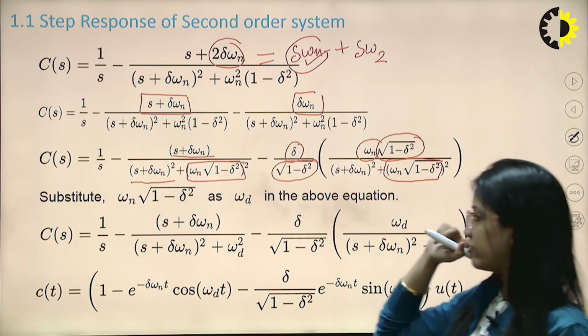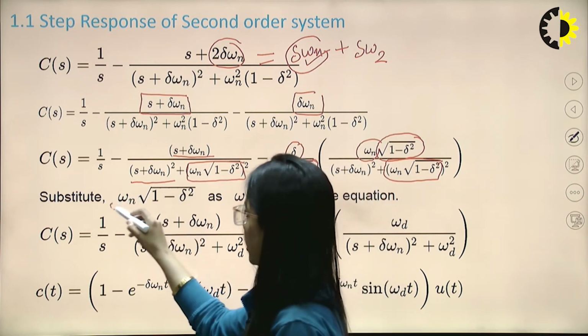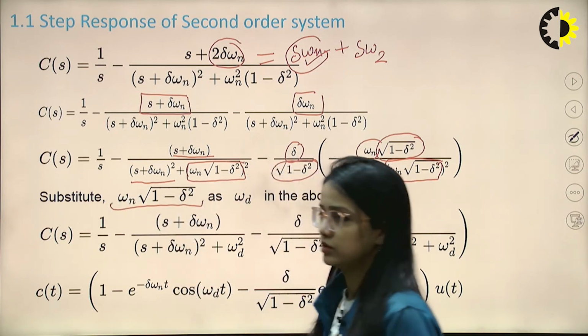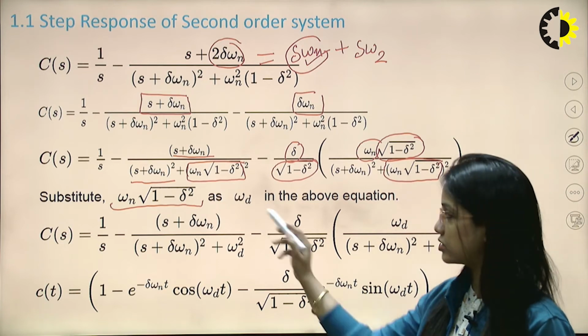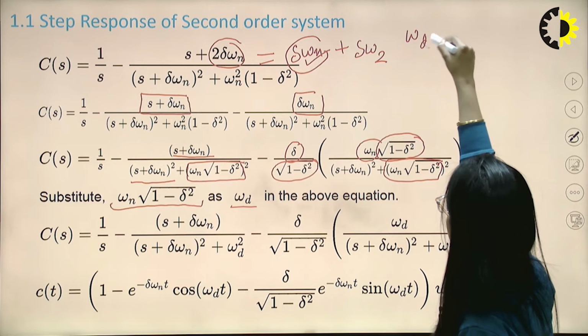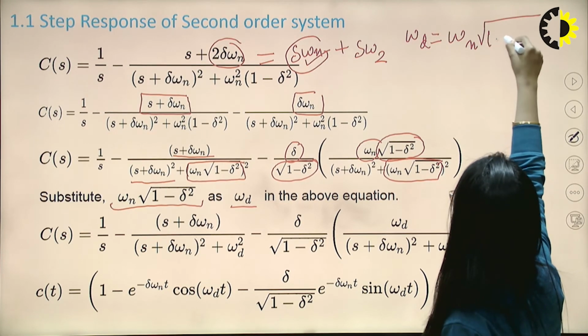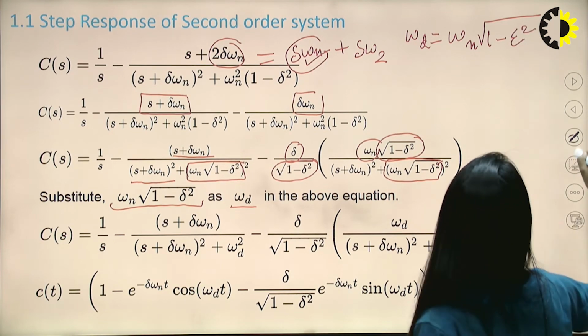Now we have to make a certain substitution. Omega n root over 1 minus zeta square, let this be omega d. So let us write omega d equals omega n root over 1 minus zeta square.